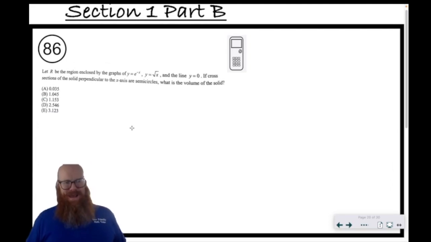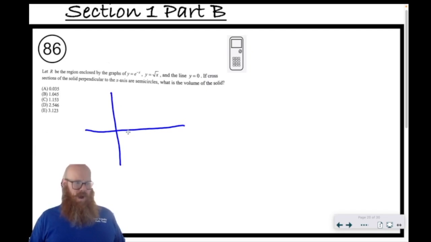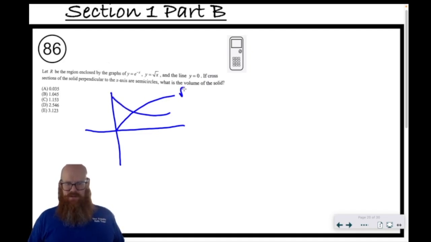All right, 86. Let R be the region enclosed by these graphs. Y equals root x. If you can throw these into a graph, that will be important. You're going to do this, and then you're going to see that the other one is kind of like this. This one is root x, and this one is e to the negative x. It's enclosed over here because it's enclosed by the graphs and the line y equals 0.